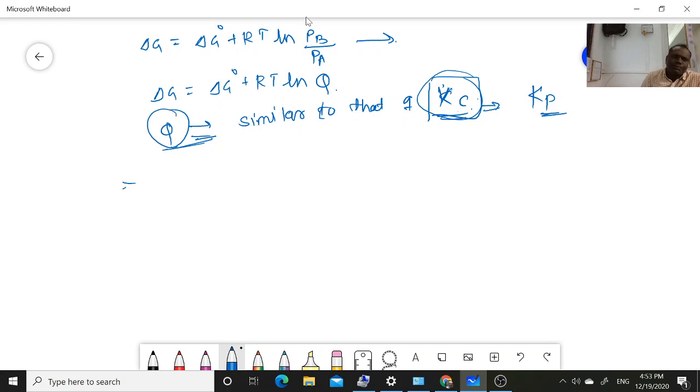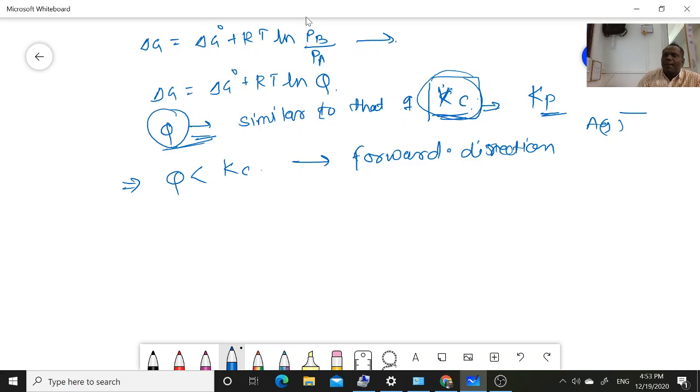What is it? If Q is less than Kc, then the reaction proceeds in the forward direction. How does the reaction proceed in the forward direction? A gas gives B gas, and B gas again reacts, forming A gas.